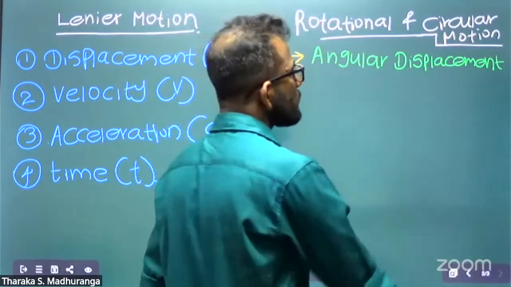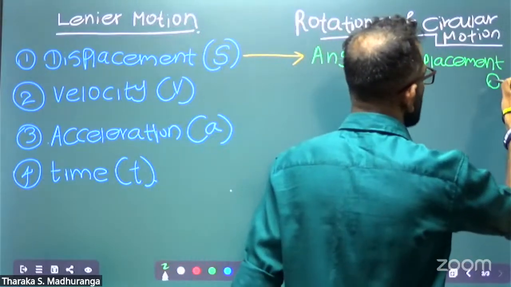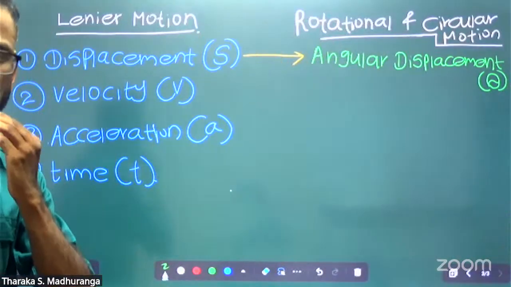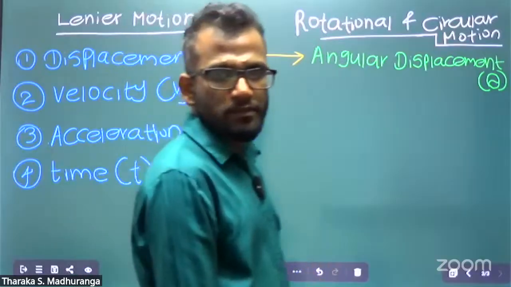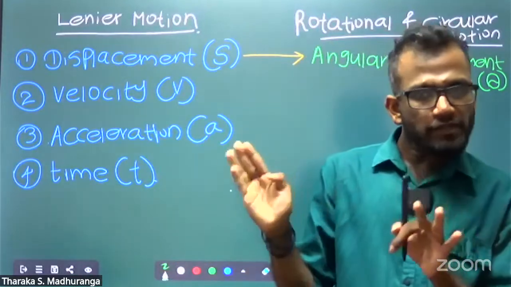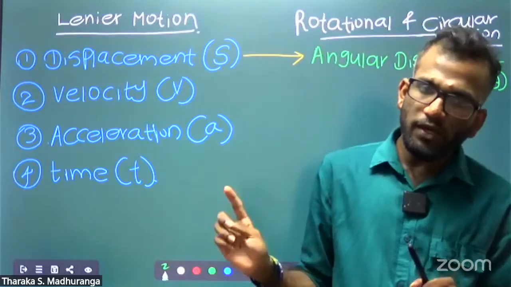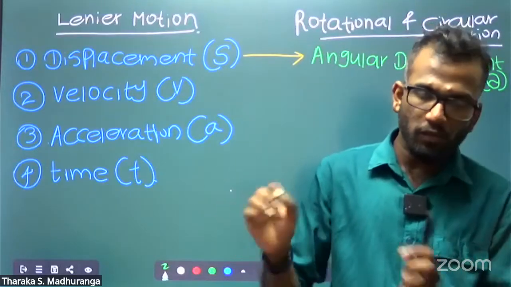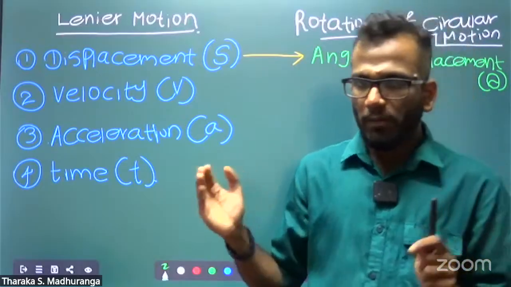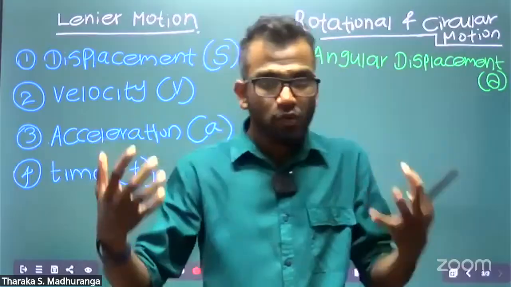The symbol is theta, not D or S, it is theta. In rotational and circular motion both, we can't get displacement because the object is not moving anywhere. Then we can't get a shortest distance.